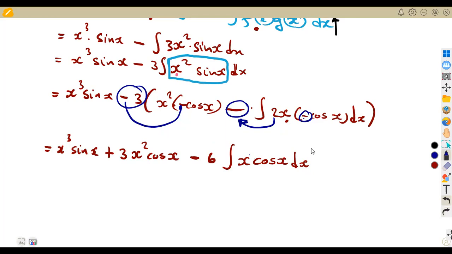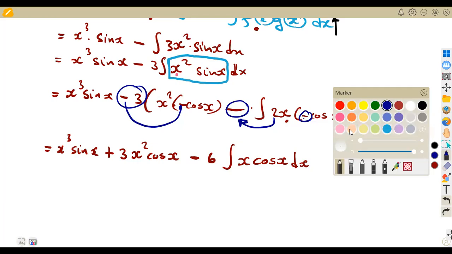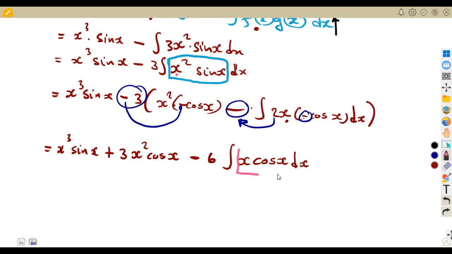So the question is, how can we integrate this? This is what you're supposed to integrate, because we still have the integration sign. If we check it properly, it's a product of two terms again, an algebraic and a trigonometric, so we are supposed to apply by parts again.